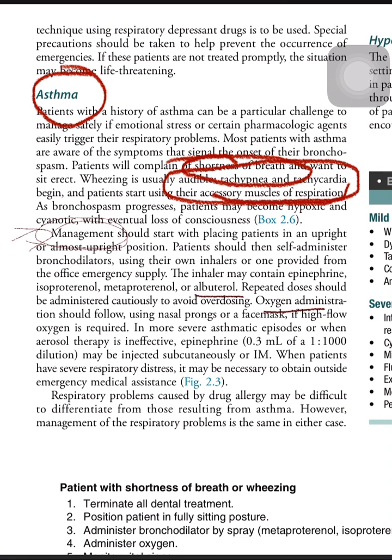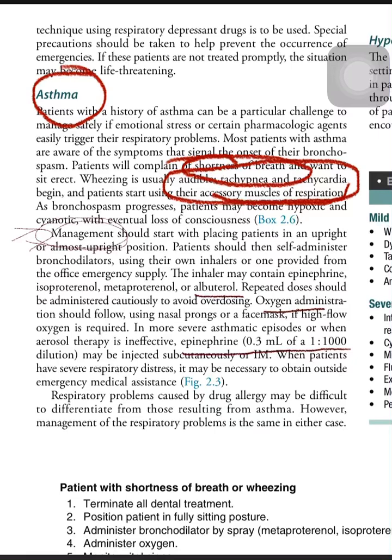But if there is no improvement, now we have to do escalated management, which works by administering epinephrine, 0.3583 ml, as written here. Then we continue the oxygen and start an IV line with a crystalloid drip at 30 ml per hour.